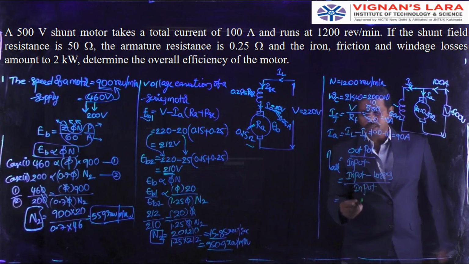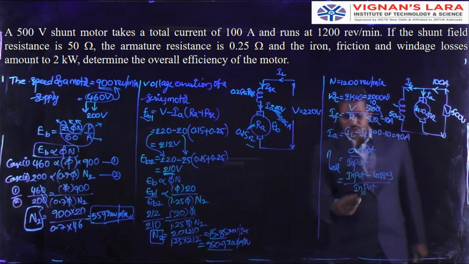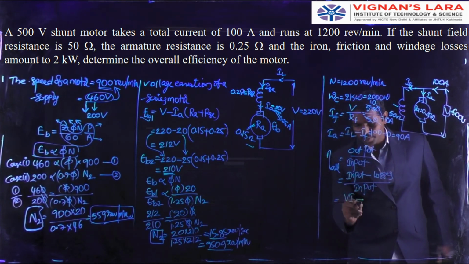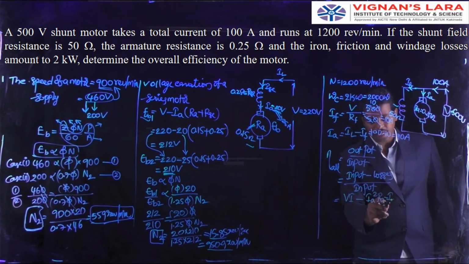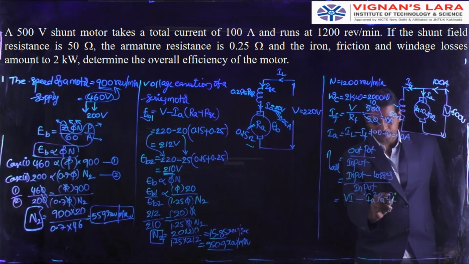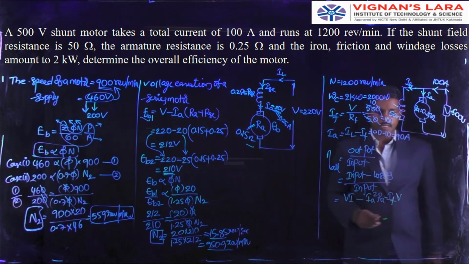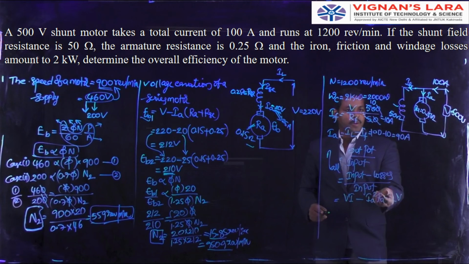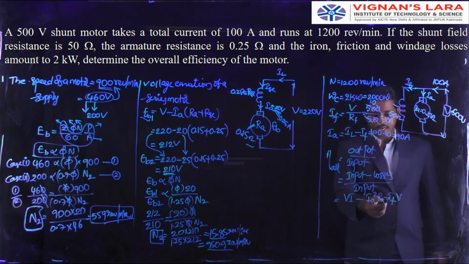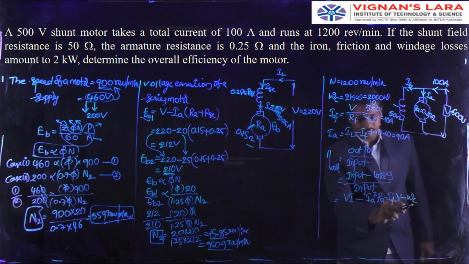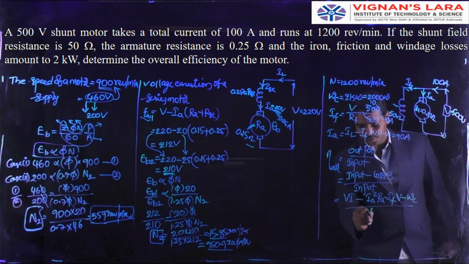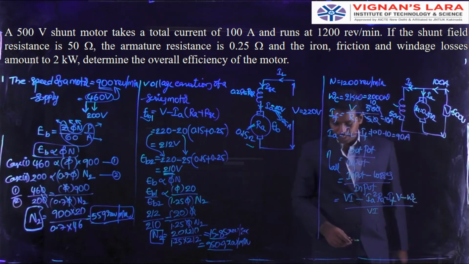The input is equal to voltage into current, VI. The losses are IA square RA plus IF into V, the supply voltage, plus WC, the constant losses, all divided by the input V into I.